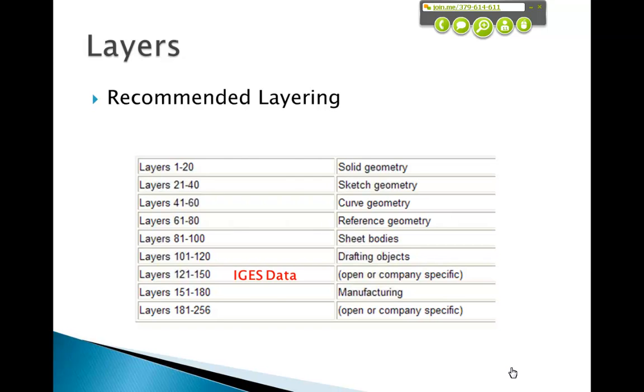I am recommending that if you import IGES, you put it on layers 121 to 150. If you bring in like STL data, you could bring the STL data also into 121 to 150.